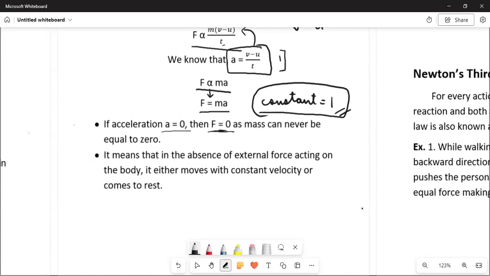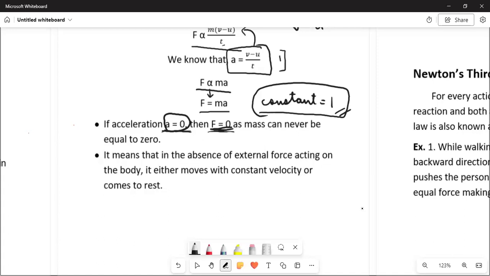There is nothing in this world which is without mass. So if there is no acceleration in that body, then only we will say that there is no force. But if we start saying that as there is no mass, there is no force, then this statement will be false, because every body in this world has some mass associated with it. So whenever there is no acceleration, there is no force applied on that body.